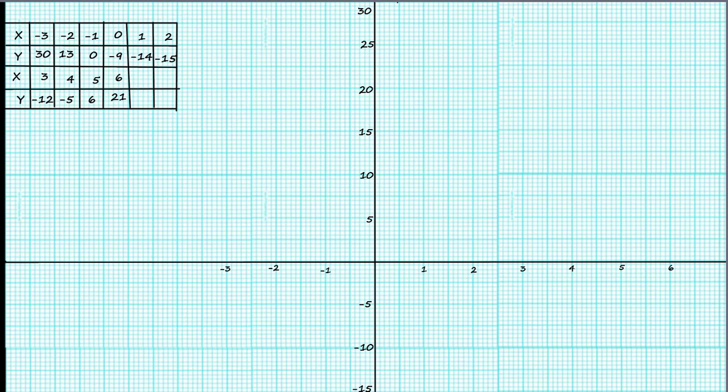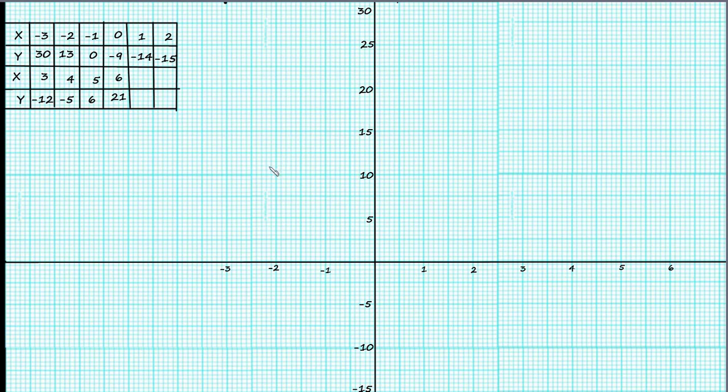So let us start plotting. Our minus 3 is 30. Our minus 2 is 13. When you look at it, this is 5 units, so you have 10 lines, so 2 lines will represent 1 unit.